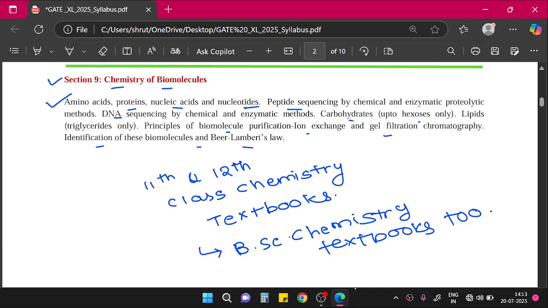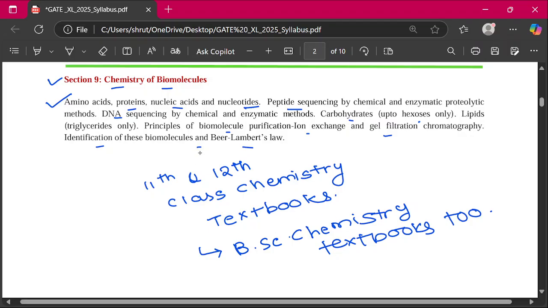This chemistry section and the general aptitude section are common to all papers, so you have to study the chemistry section compulsorily, and the general aptitude section.